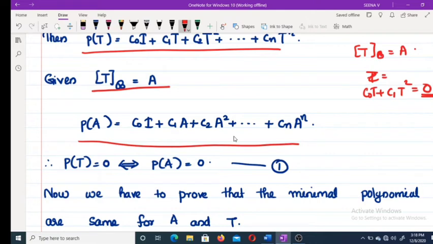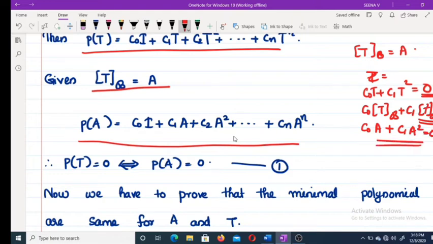Now consider the matrix of this linear transformation relative to B. What we have is c0 times the matrix of T relative to B plus c1 times the matrix of T squared relative to B, that is c0 A plus c1 A squared, which is equal to 0. This implies, suppose P of T equals 0, then P of A equals 0 matrix. The left side is a zero operator and the right hand side is a zero matrix.